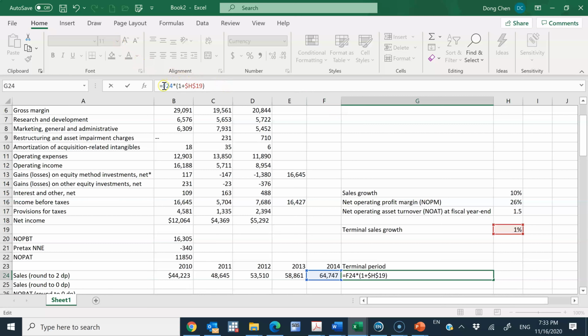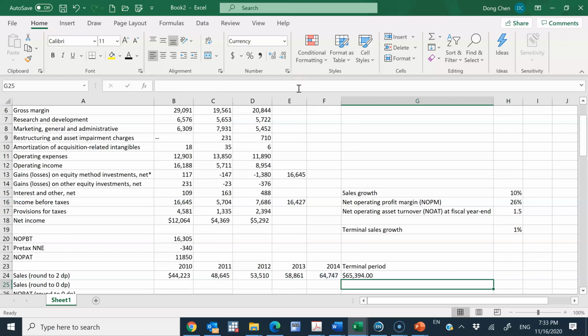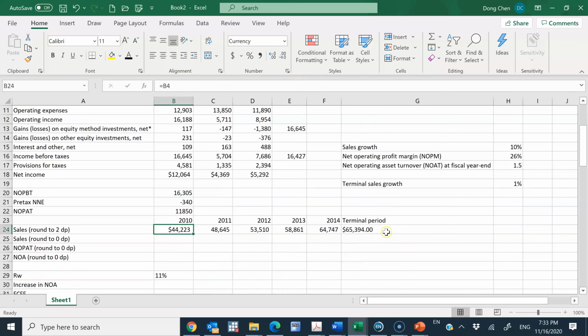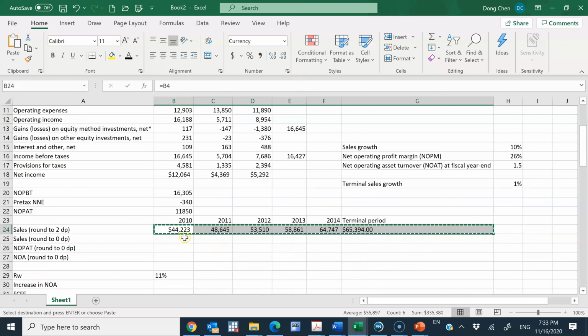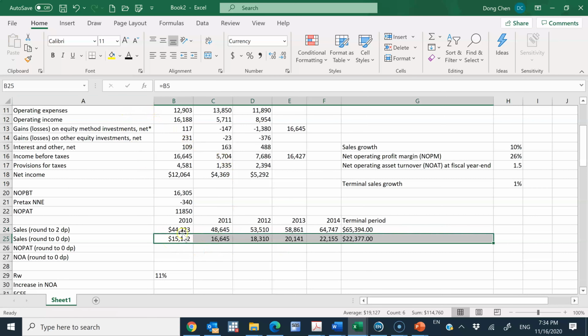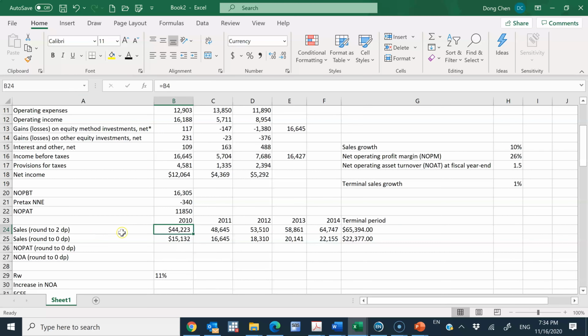So again, I want to round to 0 decimal places. Actually, I should have done this for the second row here, because for the second row I will need to round to two decimal places.